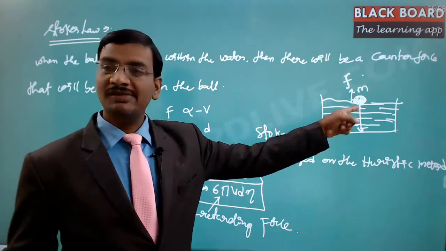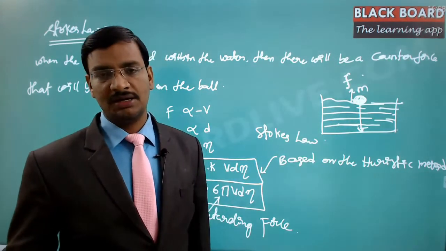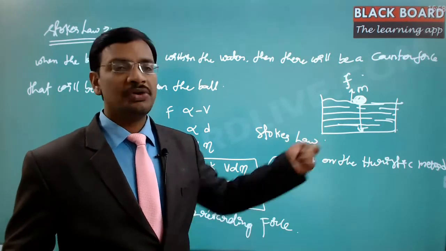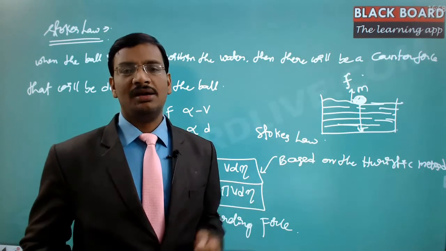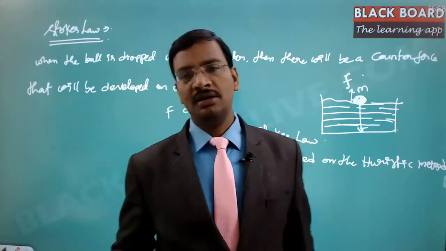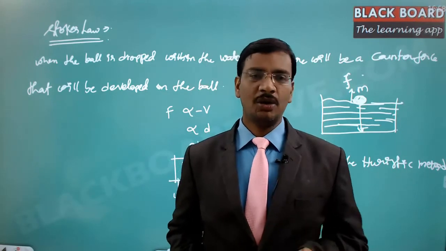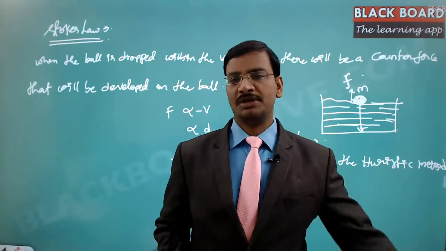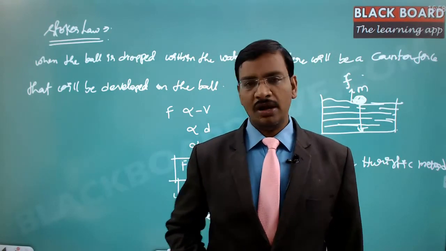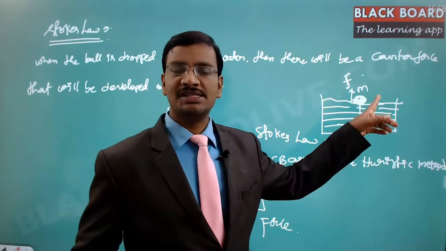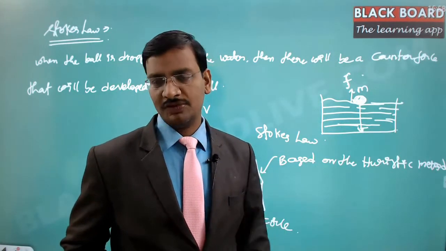Now this will try to reduce the velocity of the particle. Suppose you put an iron ball, let us say, in the ocean, you dropped that iron ball from a ship. Then it goes almost to kilometers within the fluid itself. Now, can I say that the ball will travel with the same velocity from the top to the bottom of the ocean?